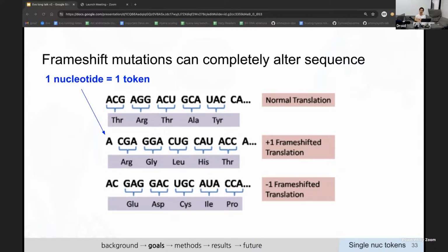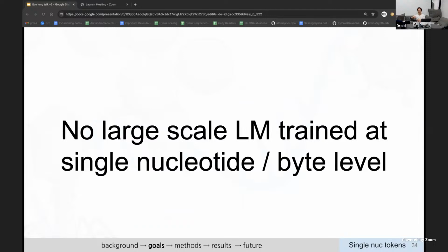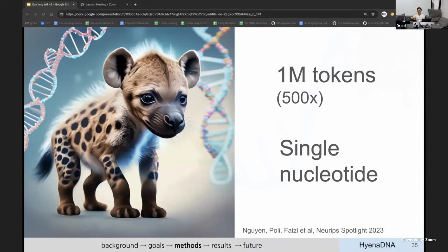And so the idea is, can we have a model that can model a single nucleotide as a single token? That's the ideal case in DNA. The challenge is there is no large-scale language model trained at this resolution, none at the single nucleotide or byte level. And so this is a key constraint in terms of architectures, in particular transformers.